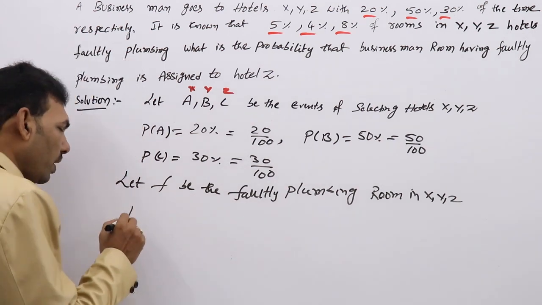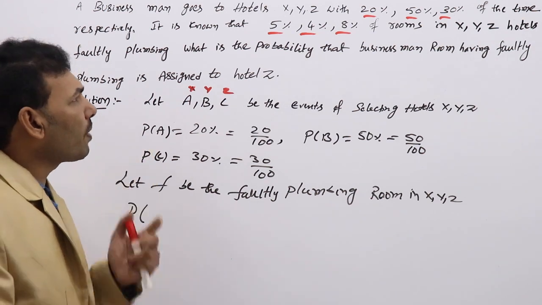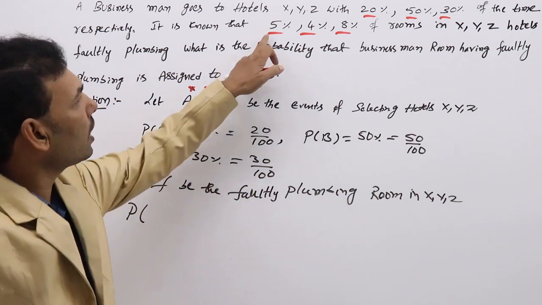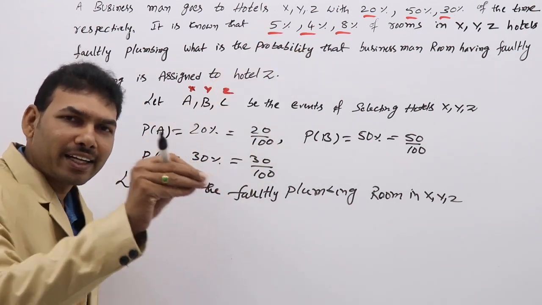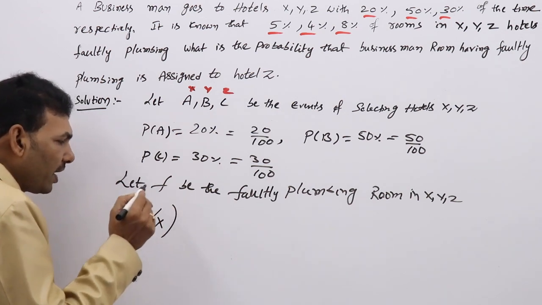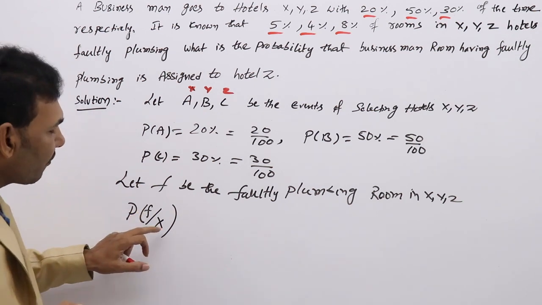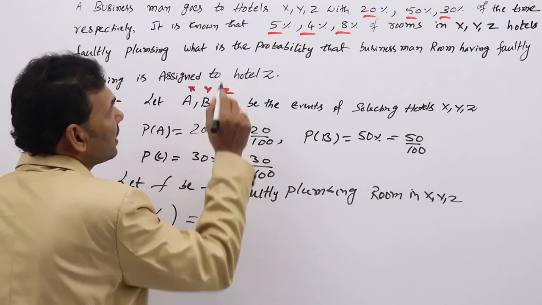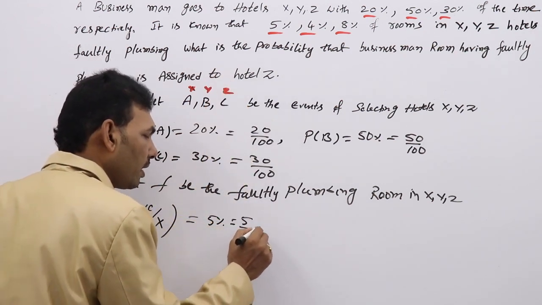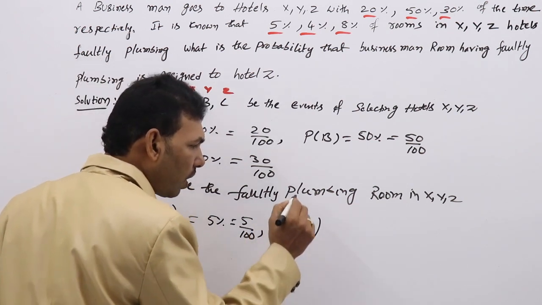Then the probabilities of having a faulty plumbing room in X hotel, Y hotel, Z hotel are given clearly. If you select hotel X, that means first select hotel X. What is the probability of having a faulty plumbing room? F given A. What is the percentage given? 5%, 5 by 100.